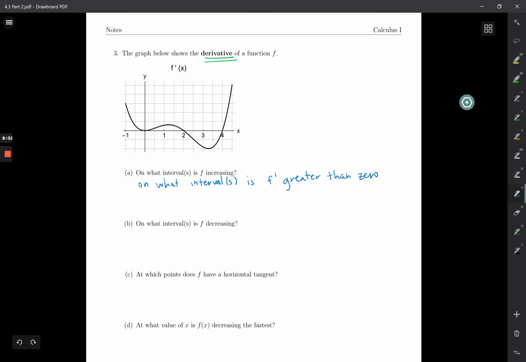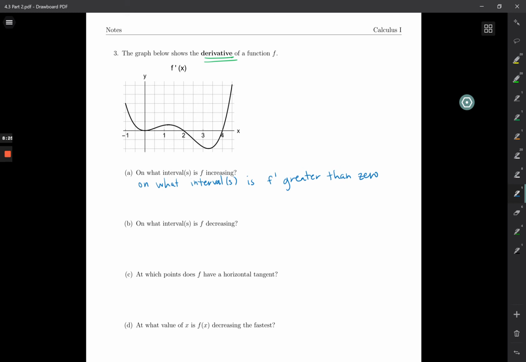Because we know that f prime is greater than 0 if and only if f is increasing, right? So, looking at our graph now that we have that in our heads, where is f prime greater than 0? Well, it stays above the x-axis on -1 to 0.